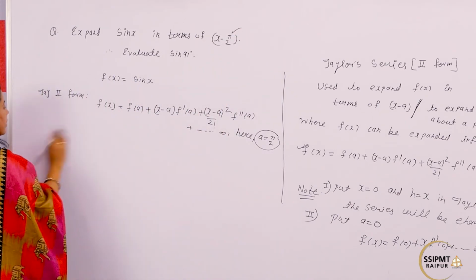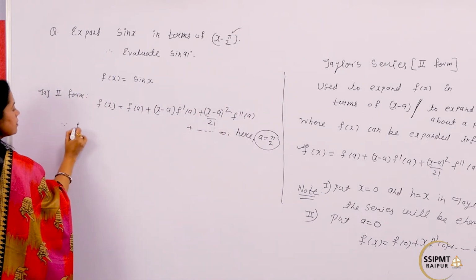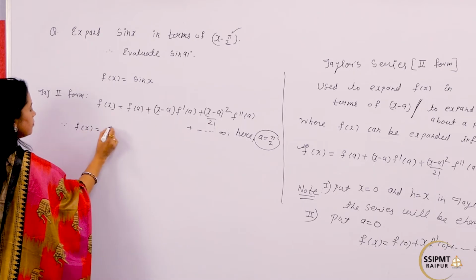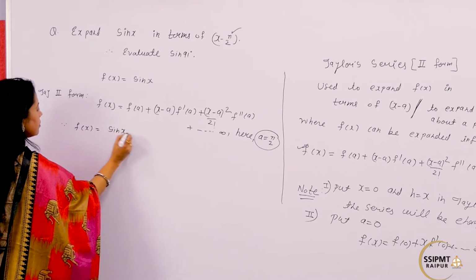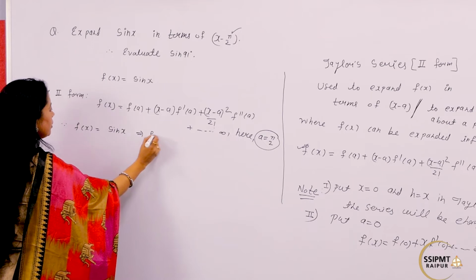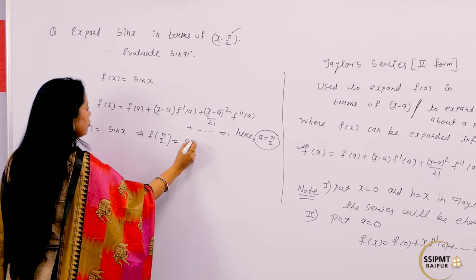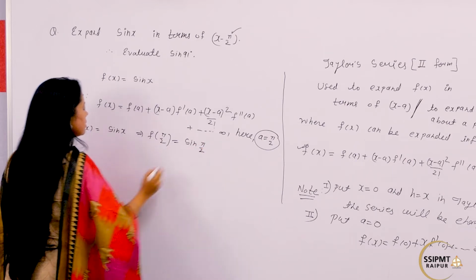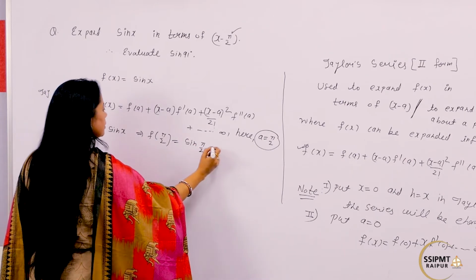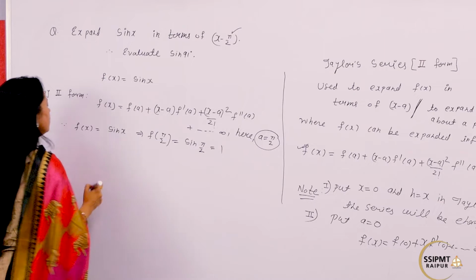So f(x) is sin x, f pi by 2 will be sine of pi by 2, value of x pi by 2, that is 1.